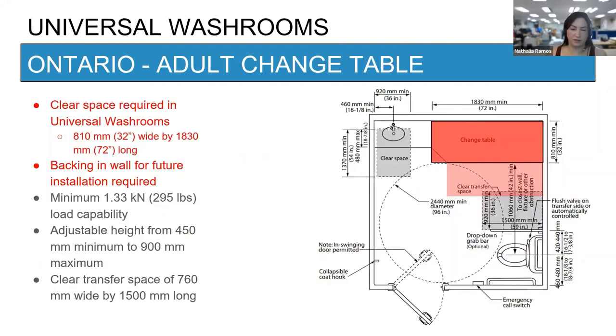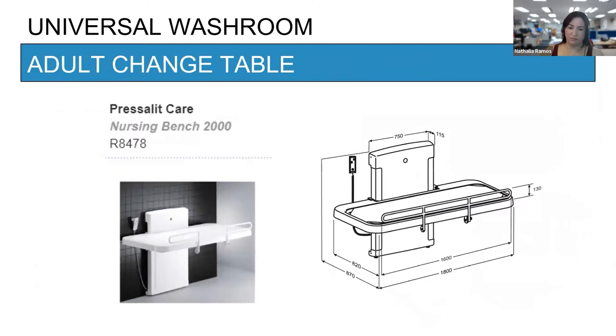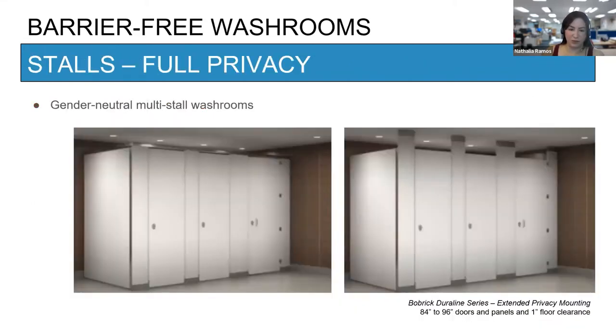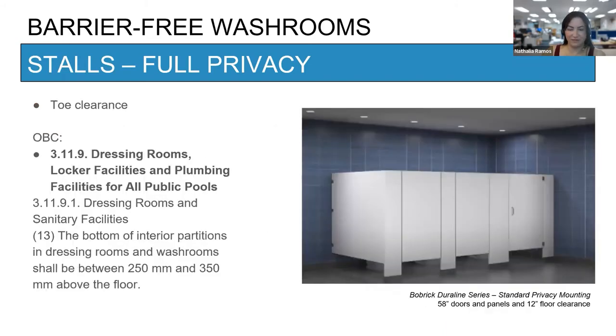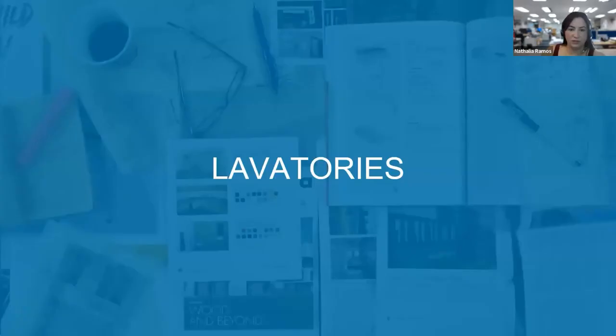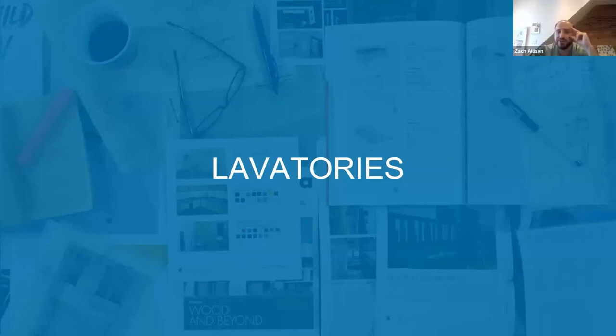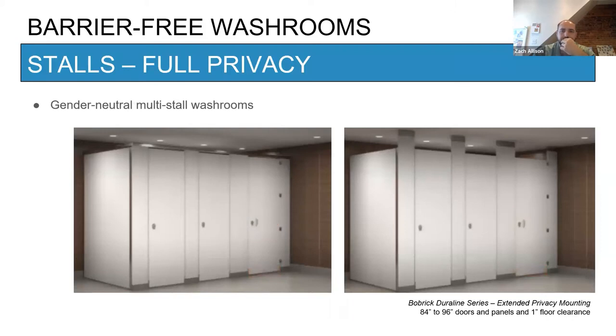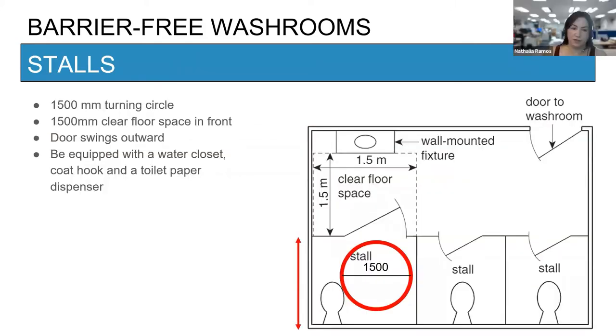Yeah, I understand it gets confusing, but as Zach said, we only have the minimum dimensions, and the best person to ask is the building inspector for sure. Okay, so moving on to lavatories. Actually, one other question coming in: is the door clearance 850 millimeters or 860? 850.